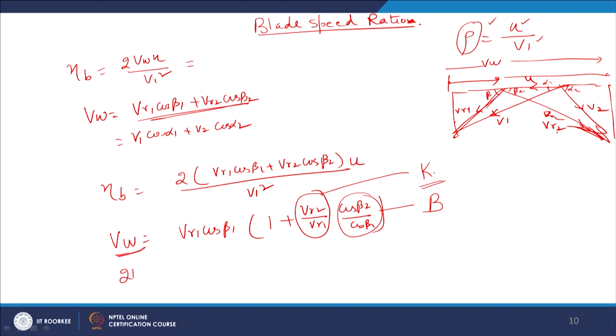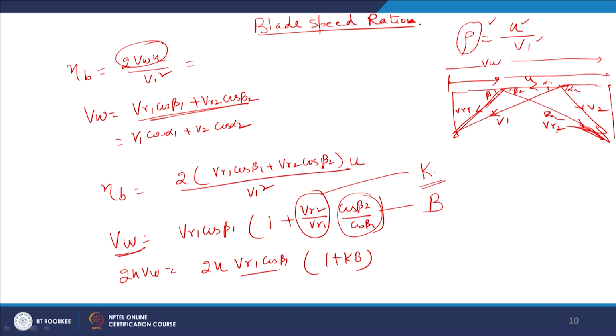Now if you take 2 U VW, for 2 U VW we will take 2 U VR1 cos beta 1 times (1 plus KB).